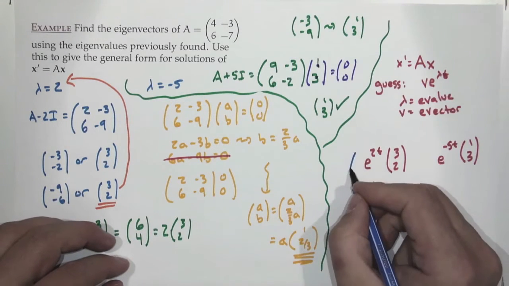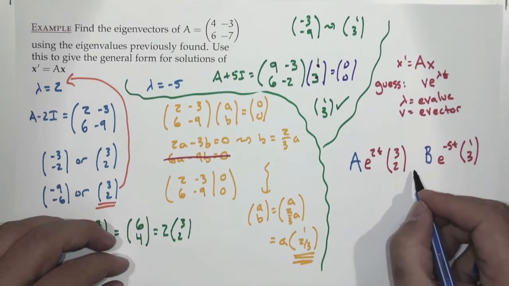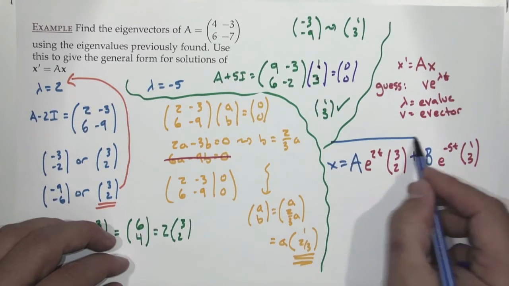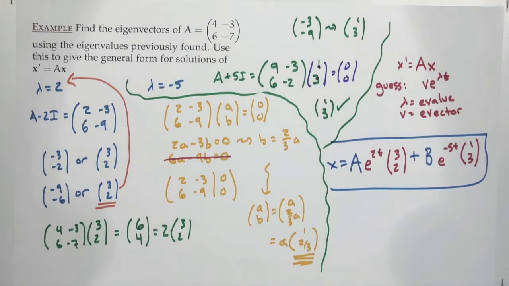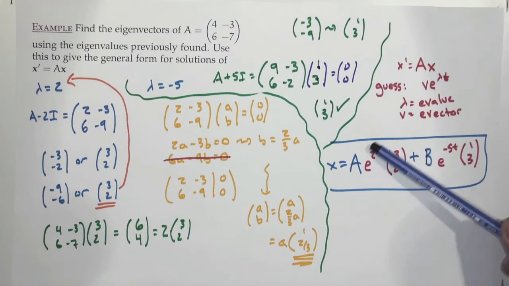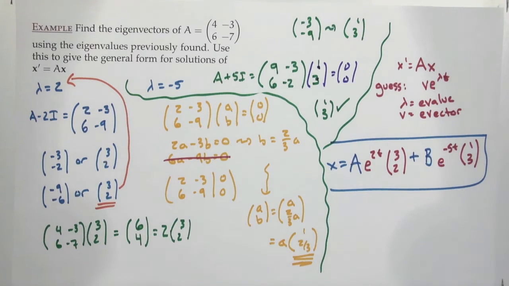Throw in some nice arbitrary constants and add them. And we're done. So this is all about finding our solutions to x prime equals Ax. Once we have eigenvalues and eigenvectors, we get our pieces, and we add our pieces together. Now, fun fact, as long as your eigenvalues and eigenvectors are distinct, these are going to be linearly independent. In the words of the Wronskian, the Wronskian's non-zero.